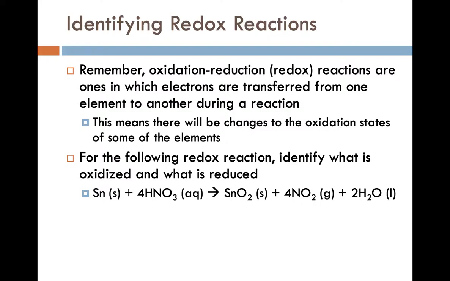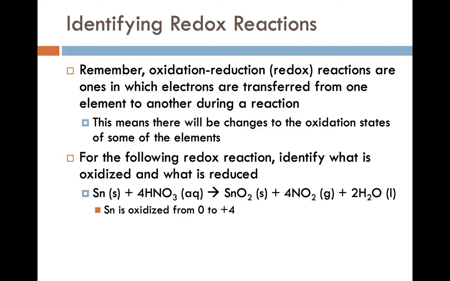Redox reactions are a little harder to identify at first, but one easy thing to look for is whenever you have an element in its pure elemental form in the reaction, it's probably a redox reaction, because that element's probably not in its elemental form on the other side when things are done. For instance, here we see tin metal going to SnO2. Tin's oxidation state had to change, so it has to be a redox reaction.